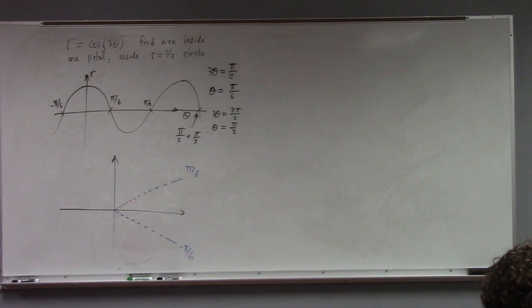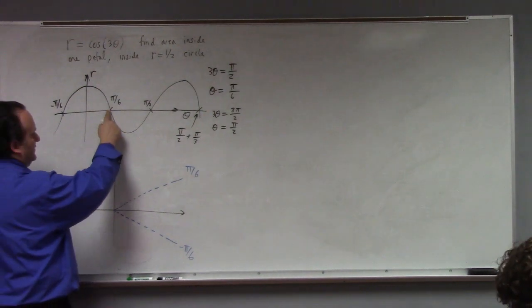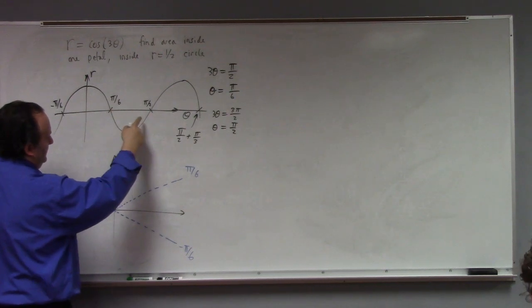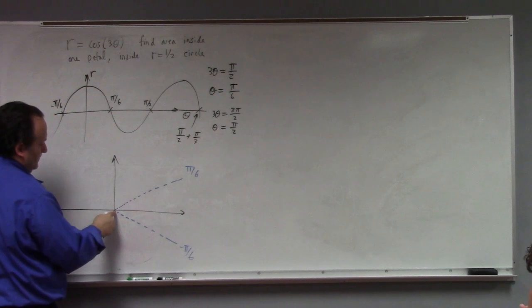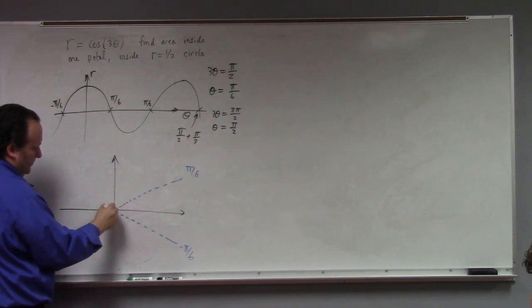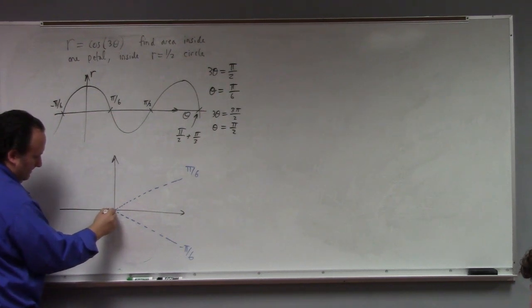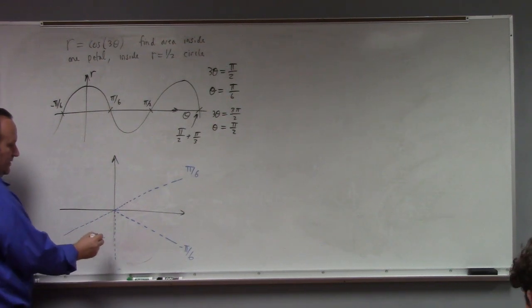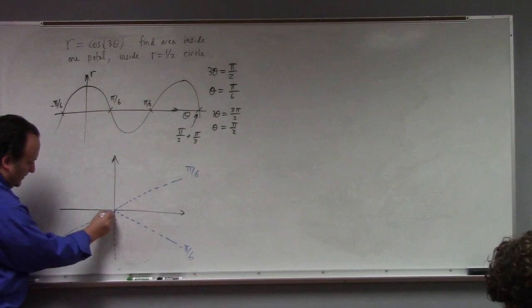Oh, this is where the negative r is getting me. I forgot about this piece right here. Where is this? From pi over 6 to pi over 2. That would be here, right? But it's negative, so it's actually down here is another one. And then the other one is over here.